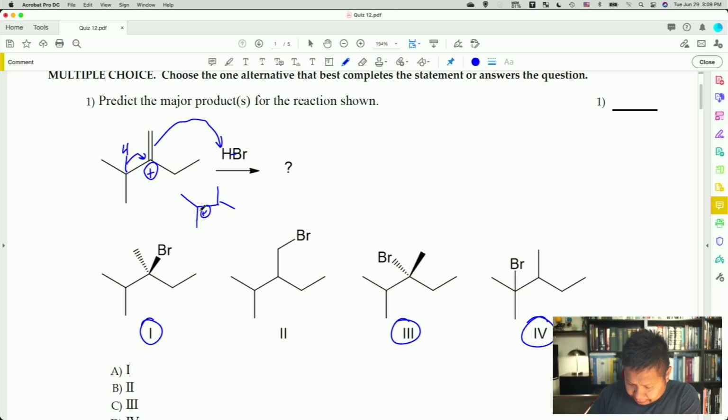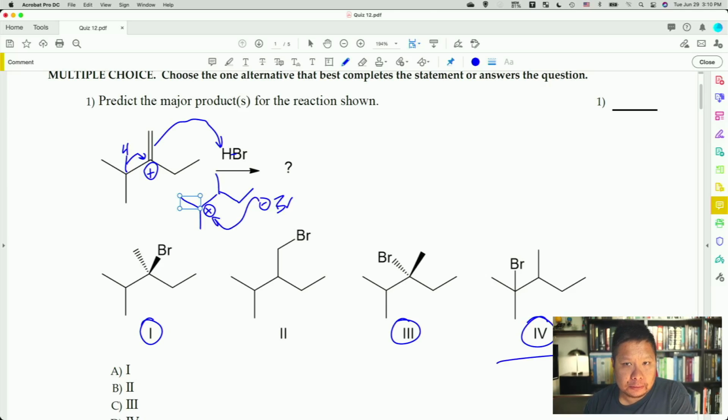Let me draw that again. Leaving you with this guy right here. And now the carbocation is there, and now the bromide ion can easily do a nucleophilic attack there, leaving you with structure 4. So remember what I said in lecture. If a carbocation rearrangement can occur or will occur, and there it goes.